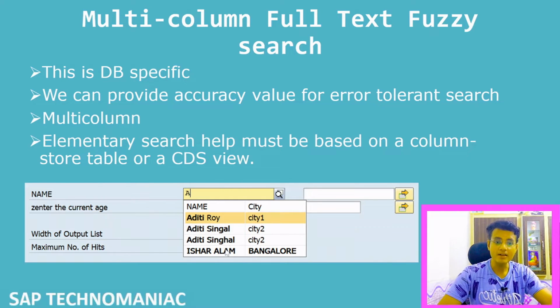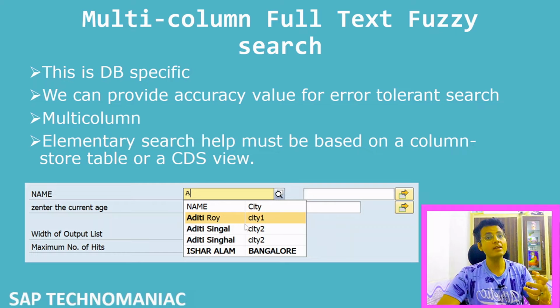Not only that, if something is from another column, suppose we have an elementary search with two importing parameters, one being the country and the other the name, then whatever we write will be searched not only in the name column but in all the importing columns of that search, and you will get help for all of them. This is called multi-column search.